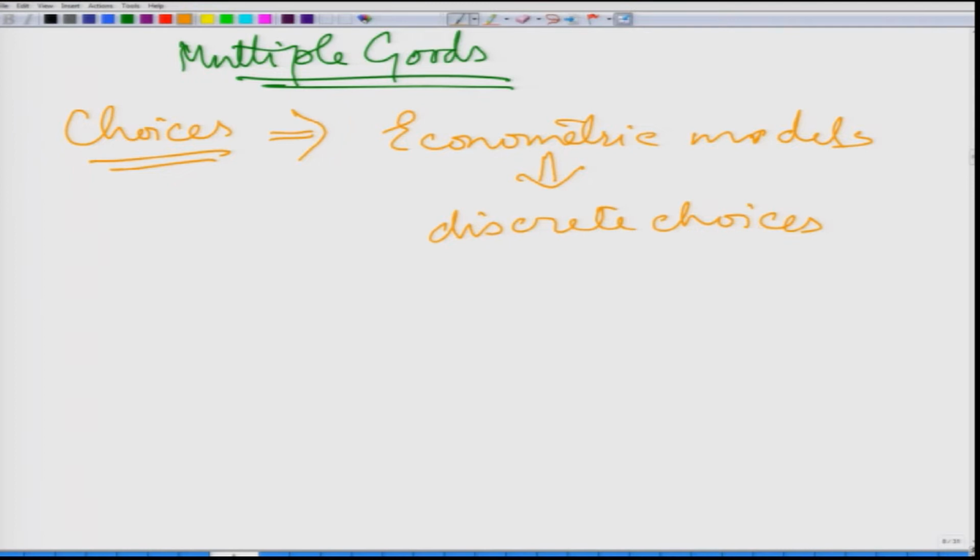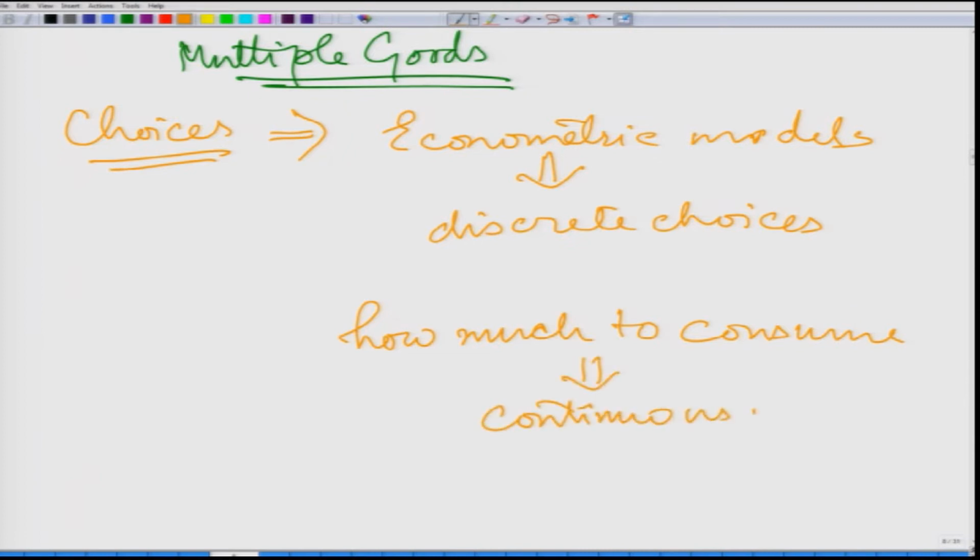Yes, when we talk about the choices, but how much to consume, when we ask this question, it's basically a continuous variable. Where to consume, when to consume, why to consume can be discrete, but how much to consume becomes a continuous variable.